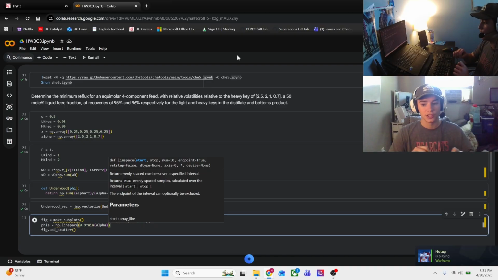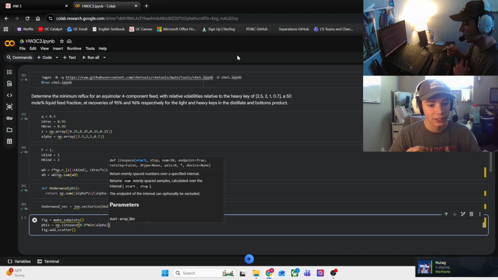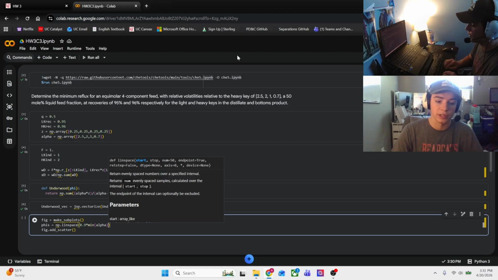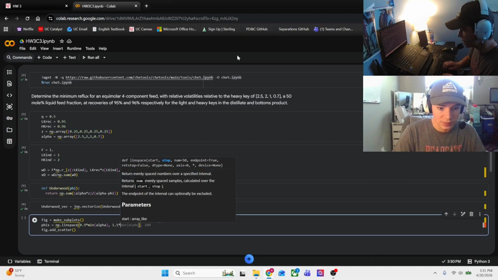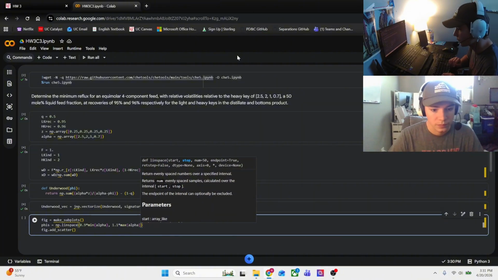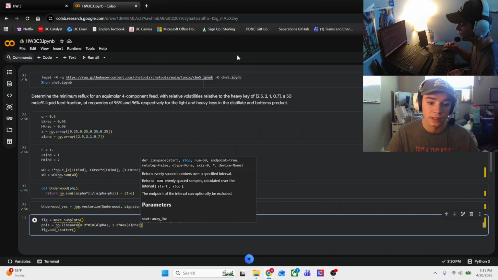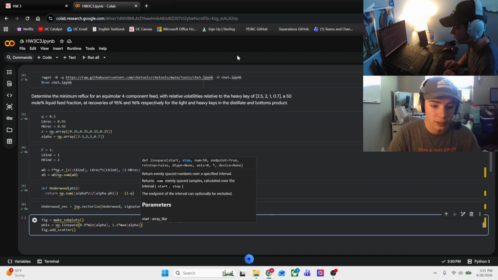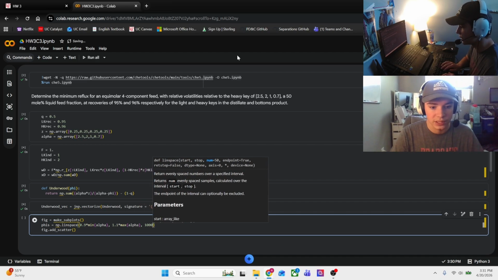That way we're getting just a little below the very lowest point of our alpha value so that we're going to be able to cover this whole spread, to 1.1 times the maximum of alpha. Again, so that we're getting a little below the minimum of that alpha and a little above the maximum of that alpha. And then we'll want 1,000 points in between.